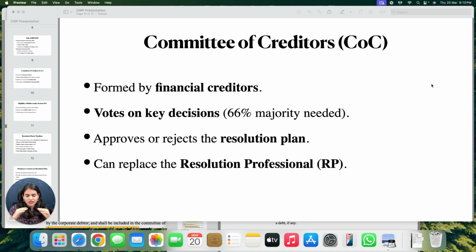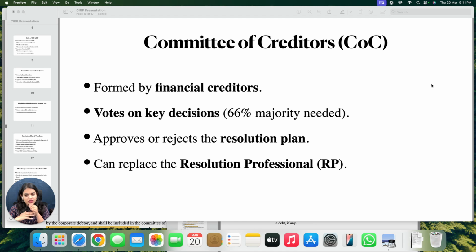The all financial creditors of a corporate debtor will be made a part of the committee of creditors. If in case there are any financial creditors who are also an operational creditor, or if a financial creditor who has received an assignment or a transfer of an operational debt, such financial creditors will be considered financial creditors only to the extent of the financial debt owed to them.